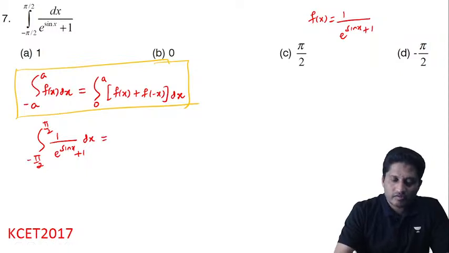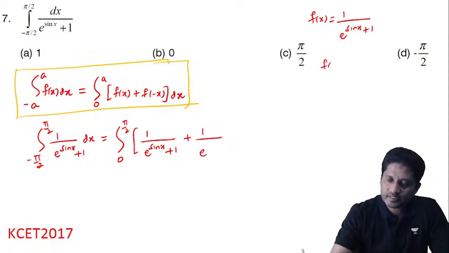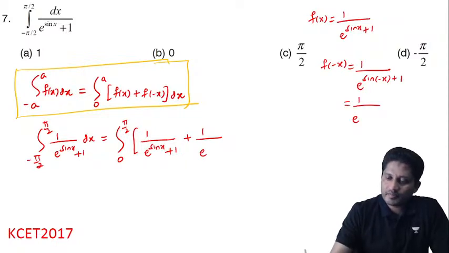Right, now this is equal to the integral from 0 to pi by 2, f(x) is 1 divided by e power sin x plus 1, plus f of minus x, which is equal to 1 divided by e power sin of minus x plus 1. This is 1 divided by (e power minus sin x) plus 1. Sorry, it should be whole plus 1, not power.